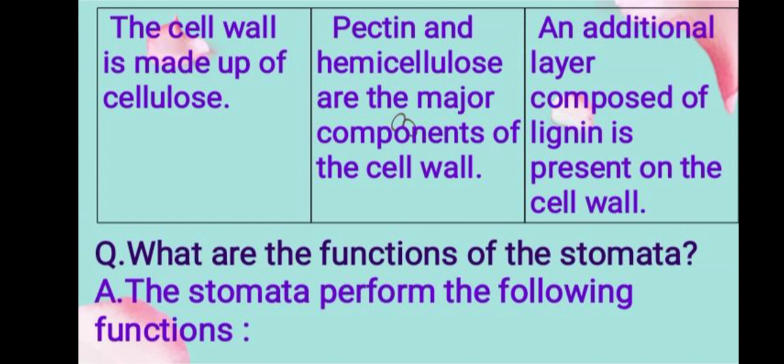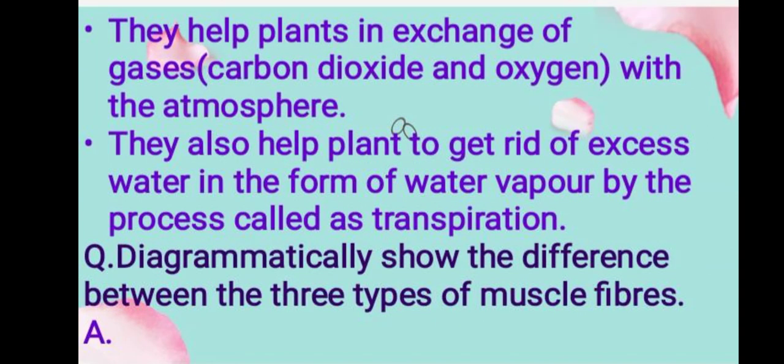Next question is about the functions of the stomata. So stomata perform the following functions. First point, they help the plants in exchange of gases, that is carbon dioxide and oxygen, with the atmosphere.